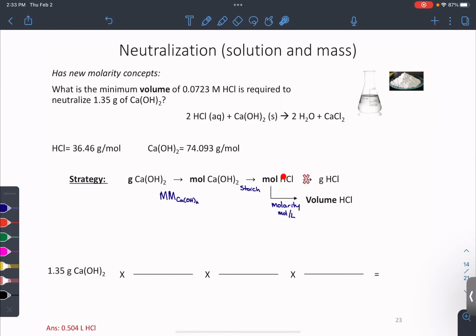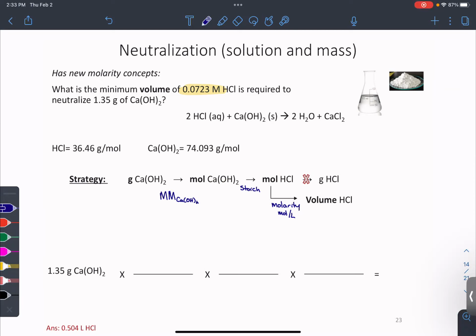We still use the same stoichiometry, but we don't want to go to grams of HCl where we would have used molar mass. We're going to instead use the molarity that's given. And so I always like to rewrite those molarities into an equality that makes more sense to me, because big M doesn't really mean anything to me.